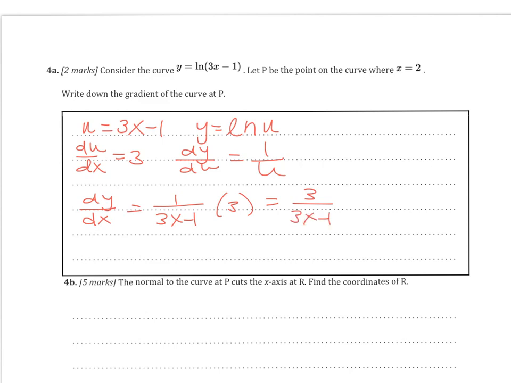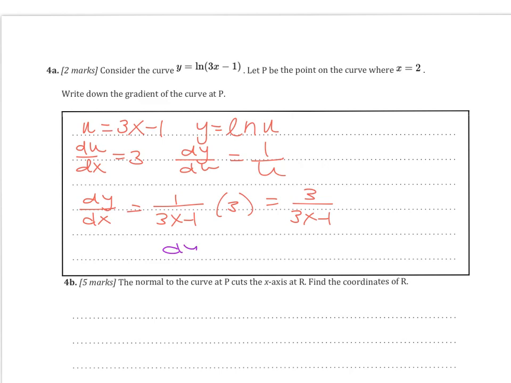Now it says let P be the point on the curve where x equals 2, and it wants to know the gradient there. So I should have started with, why are we differentiating? We're differentiating because we are trying to find the gradient, and the gradient comes from our first derivative. So we found the gradient function, which is our first derivative, dy dx, and in order to find the gradient at point P, we're going to plug in 2.